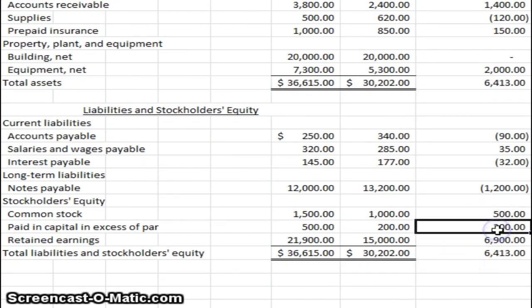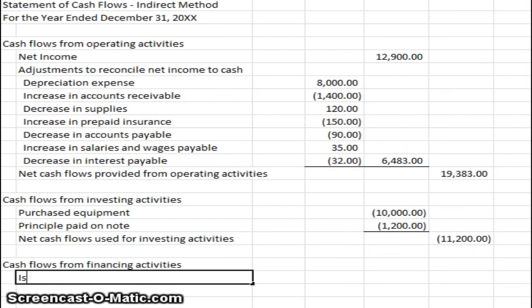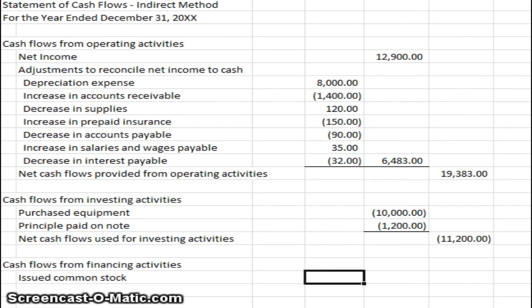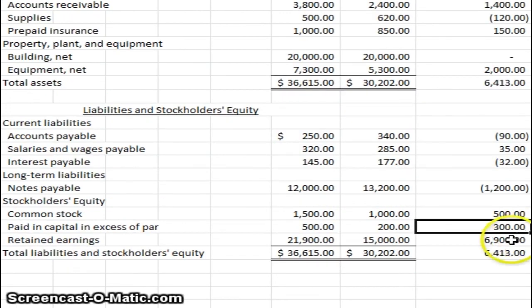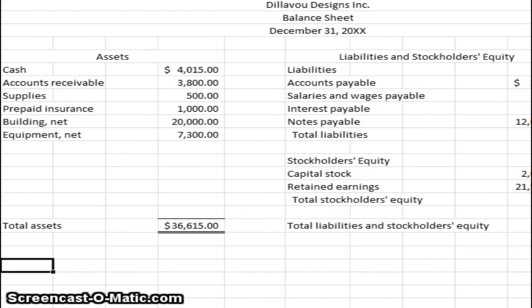Well, again, we know we had that $800 in common stock, so we issued common stock, and we got $800 for that. And then I believe we talked about retained earnings. We've already taken care of the change that was for net income, but we also had some dividends. And if we forgot about those, we go back to, no, not a balance sheet. Hang on just one second.